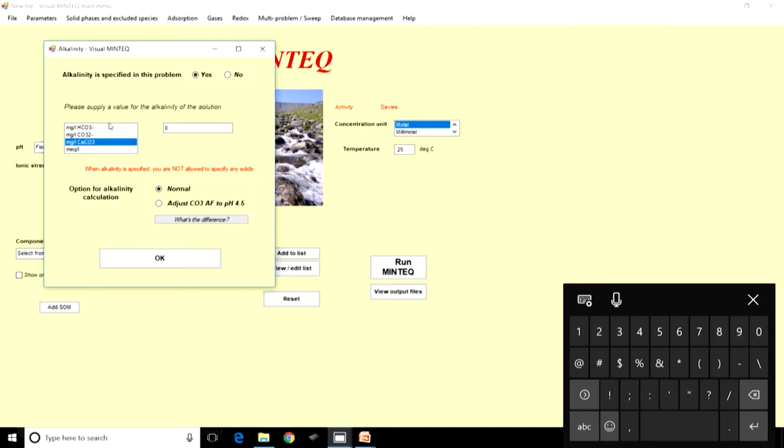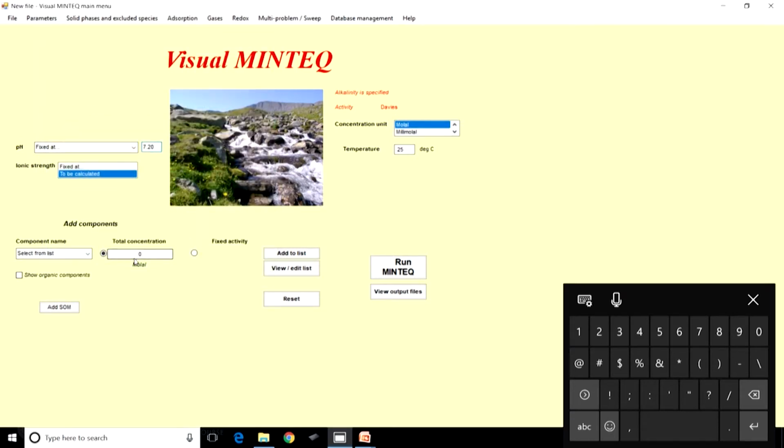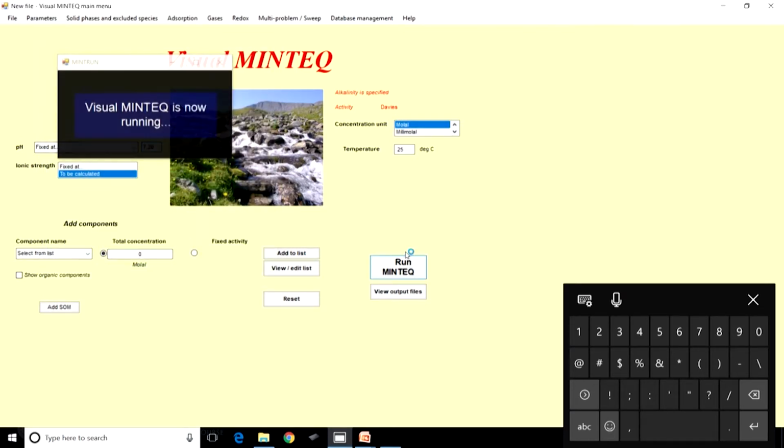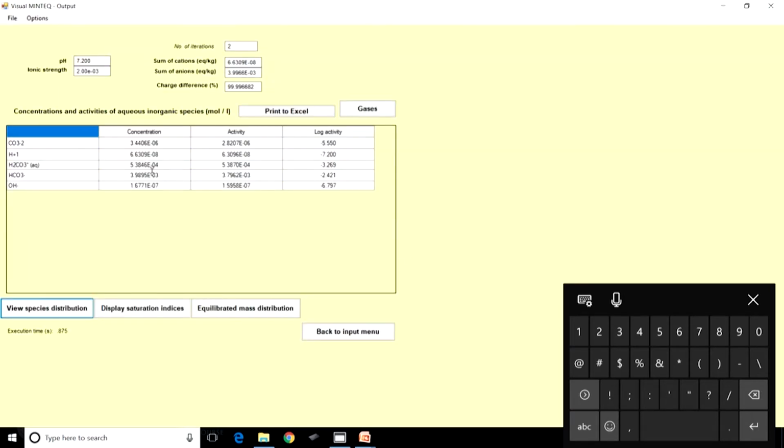I don't need to change the units because I have the relevant units mentioned here, and I believe it was 200 milligram per liter. So I am going to say okay. So alkalinity is specified in this problem, and going on to okay, I am going to say run Visual MINTEQ, and I have the concentrations of the different species here.